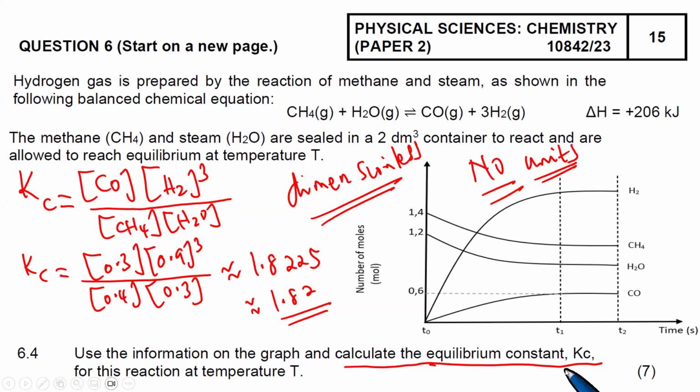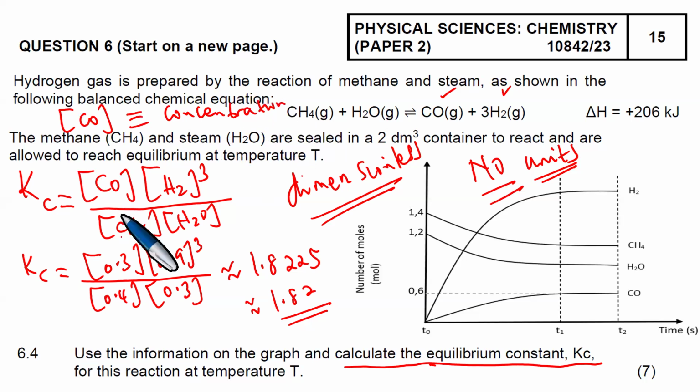But note that when you're doing this, because I know there are some students who have never seen this, I'm just discussing this because there are some students who are writing this chemistry paper tomorrow. What is very important is that when doing Kc, you must take the concentrations of the products and divide by the concentrations of the reactants. These square brackets mean concentration. They are not just fancy brackets.